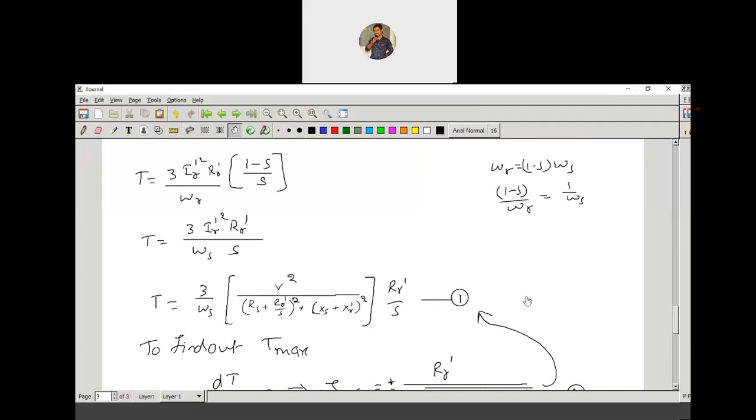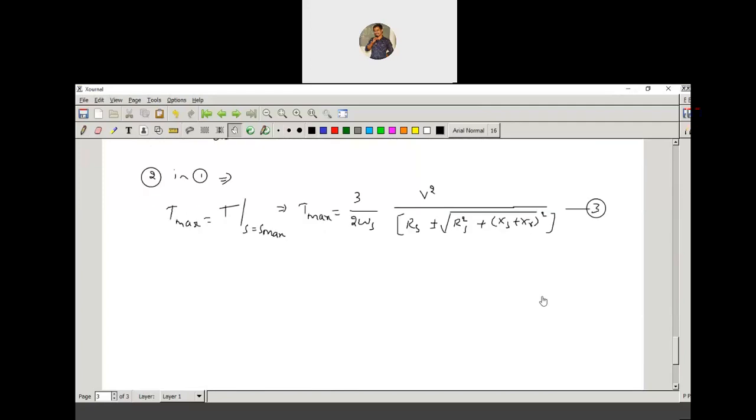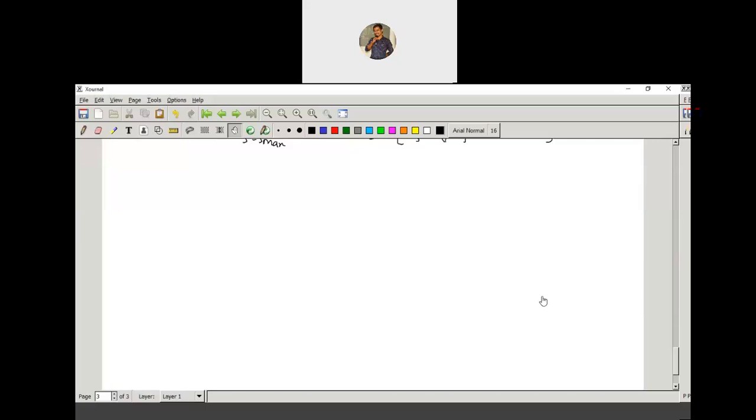Okay. From these conclusions, we can draw the speed torque characteristics of the induction motor.